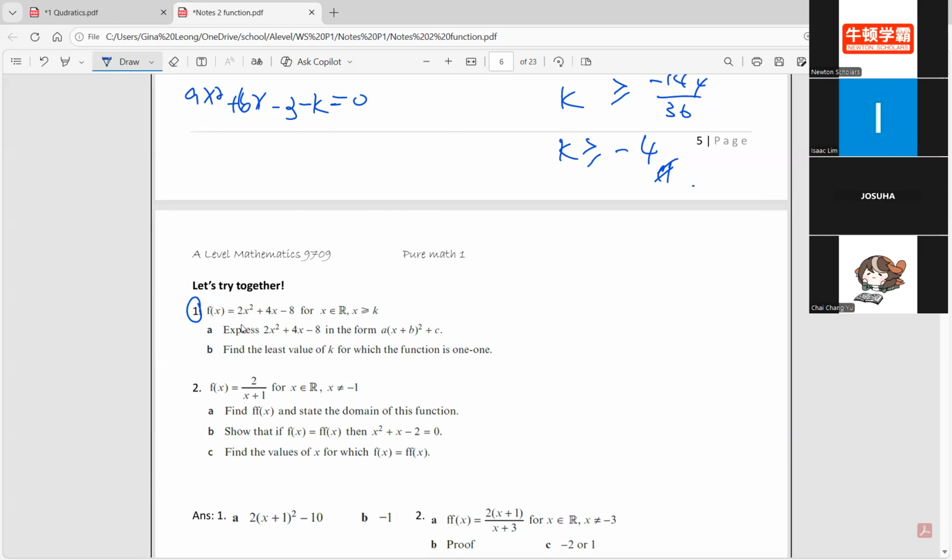Sorry. Okay, you will get 2, then x plus 1 square minus 10.